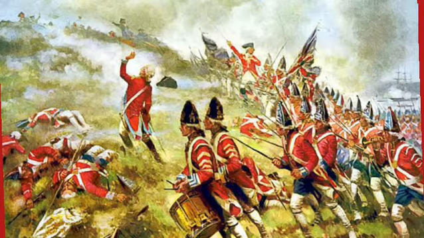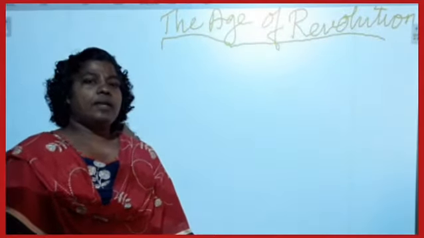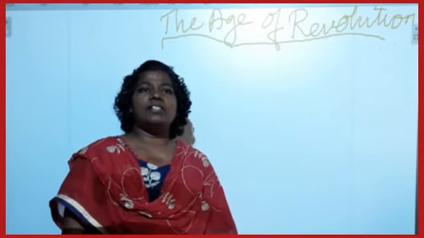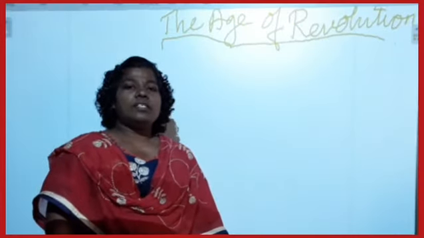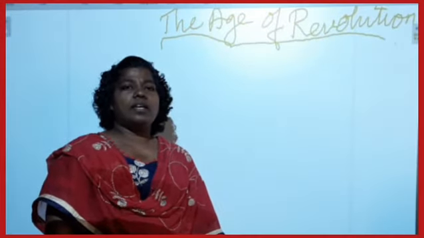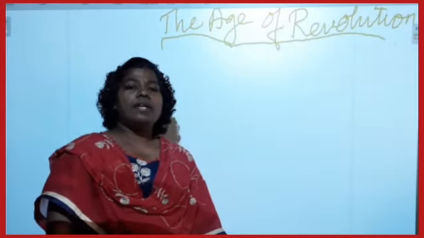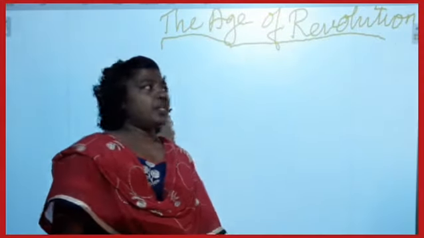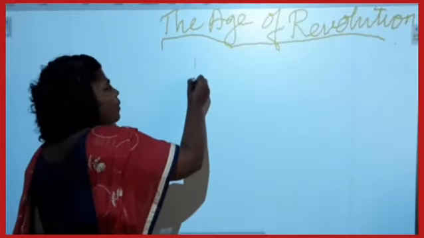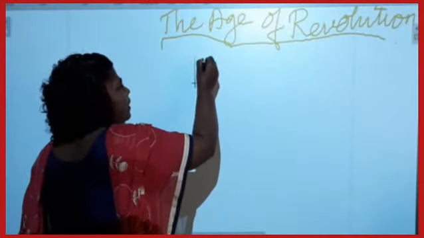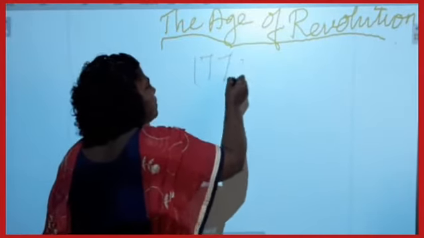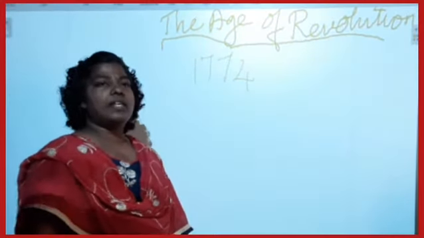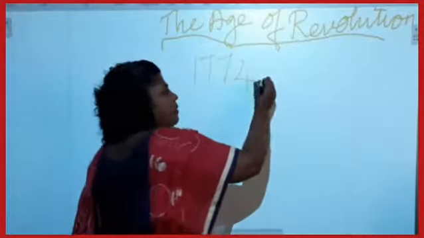Now, American War of Independence, what happened? It was because of the suppression and unjust rule of the Britishers. The colonies rebelled against the Britishers. In 1774, the colonies met in Philadelphia.